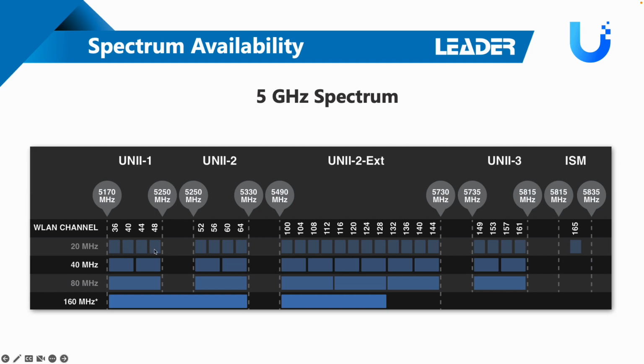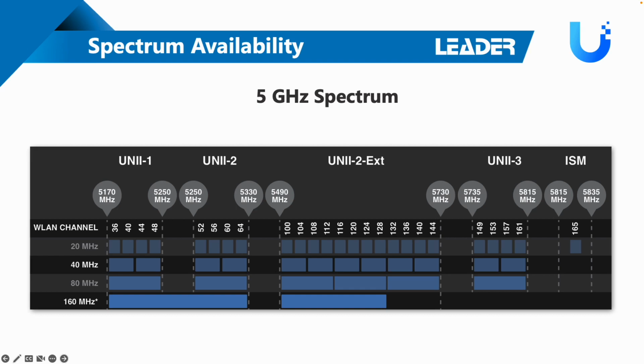You can see here the number of channels that we have available in certain spaces. And if we increase the channel size, obviously it decreases the total number of channels that we have available. So I can have 25 non-overlapping 20 megahertz channels, or if I go all the way up to the extreme of 160 megahertz wide, I can see that I can only have 2 non-overlapping channels. So this is an important consideration.